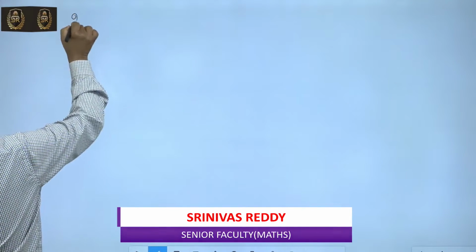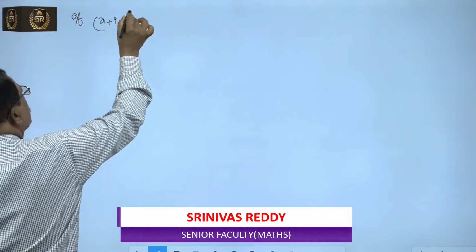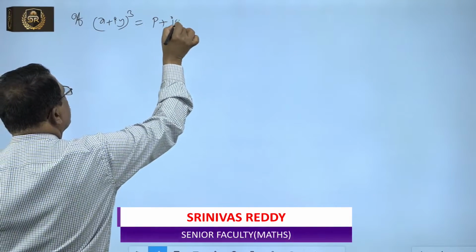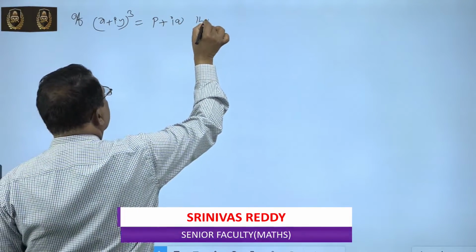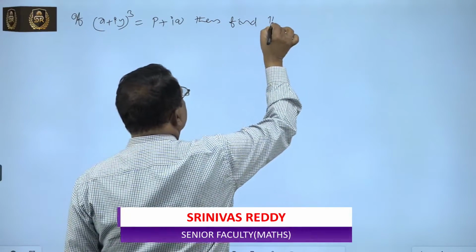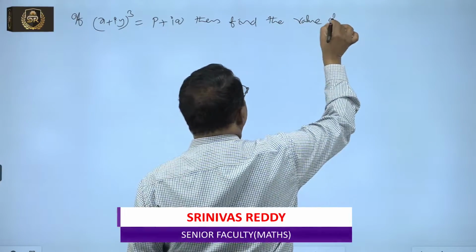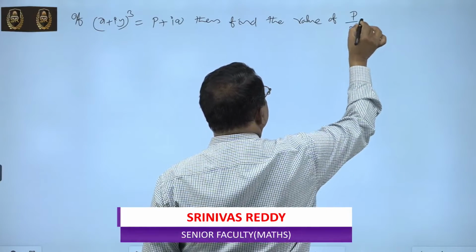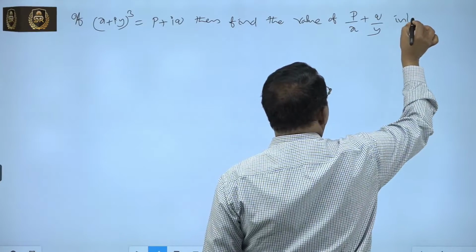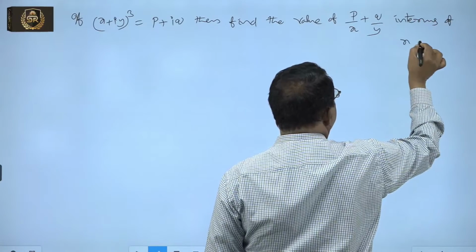Next problem: if (x plus iy) whole cube equals p plus iq, then find the value of p by x plus q by y in terms of x and y.